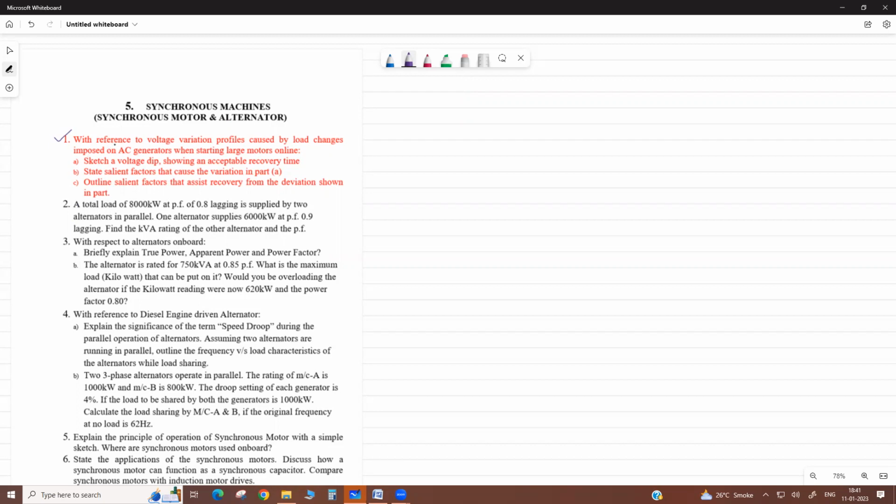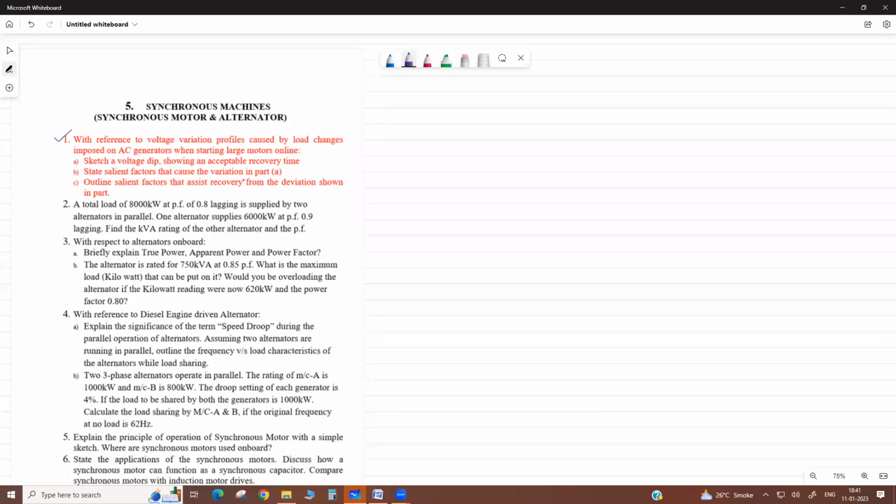This is with reference to the voltage variation profile caused by the load change imposed on an AC generator when starting a large motor. You sketch this voltage drop and state the causes of variation. Why is it varying?